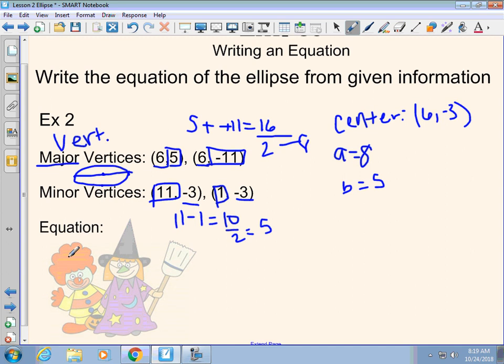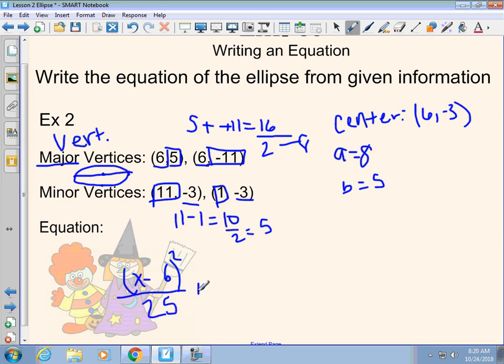Last step, write the equation. So x minus 6 squared. Now again, we said this was vertical, so it's going to be 25, that is under the x value.